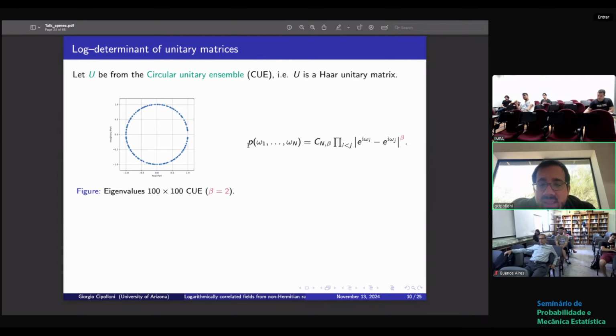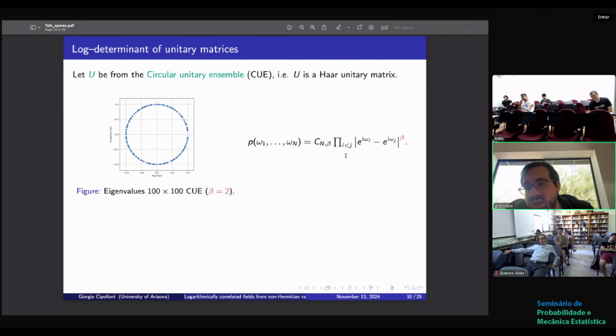And one can see that the distribution of these eigenvalues, or eigenangles, is explicitly given by the following Vandermonde determinant. Here beta is a parameter that in the unitary case is equal to 2. That's the circular unitary ensemble.